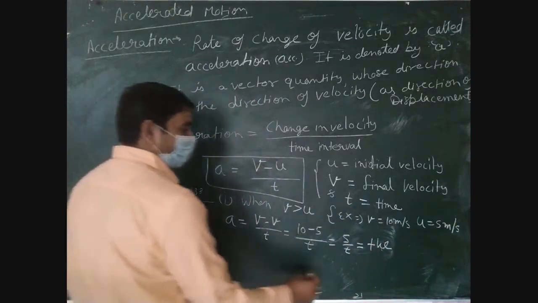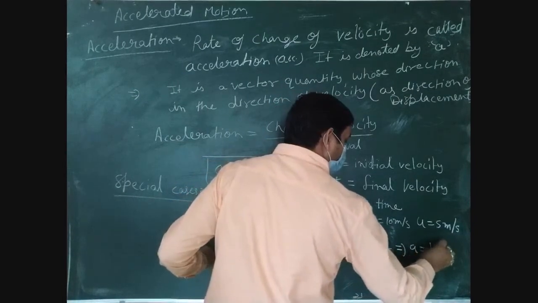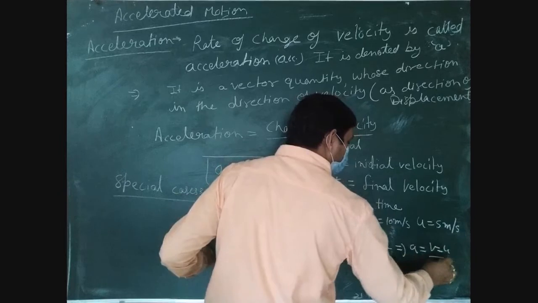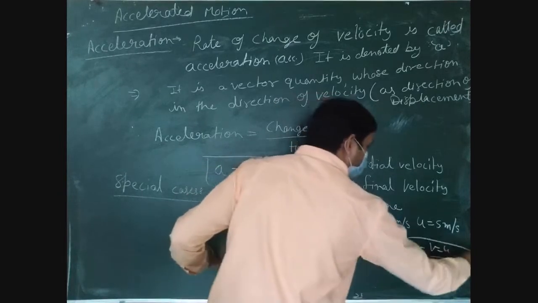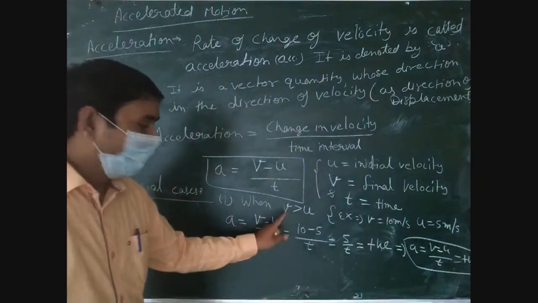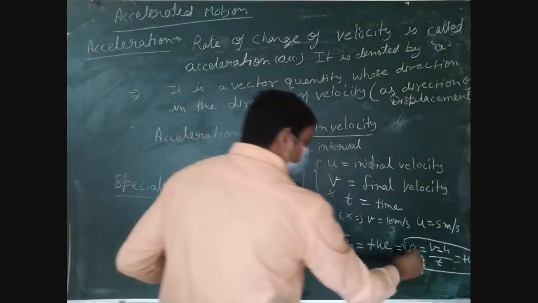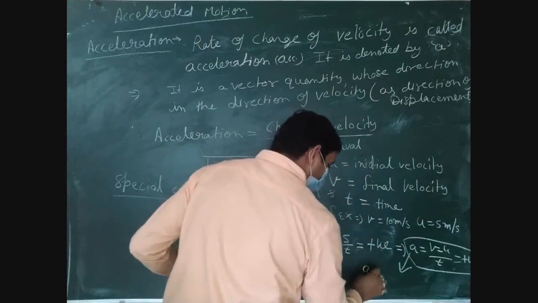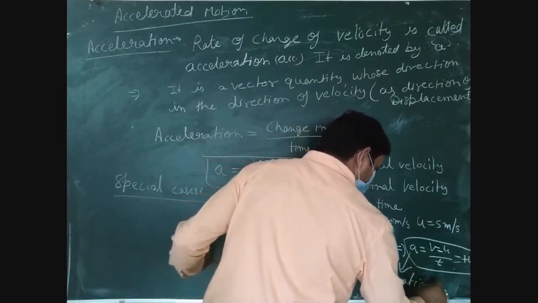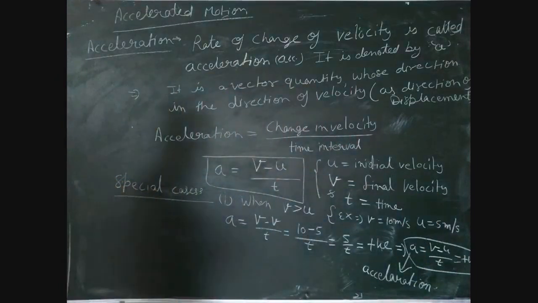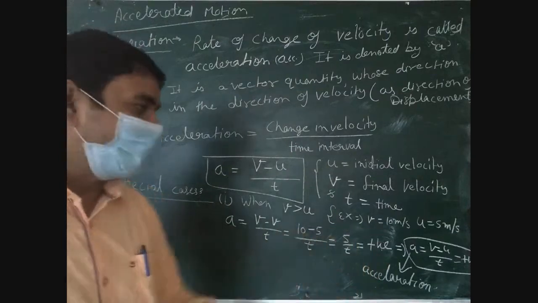Okay, that means a equal to v minus u upon t is positive for the case when v is greater than u. When the value of a is positive, then a is termed as acceleration.